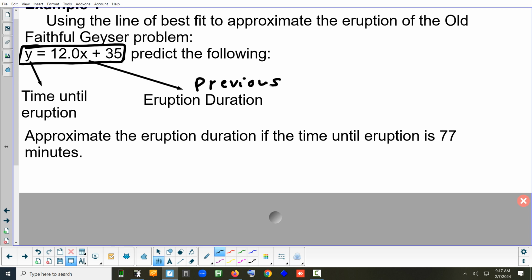Okay. So now it says approximate the eruption duration if the time is 77 minutes. So we just have to decide where the 77 is going to get plugged in. Does the 77 get plugged in for Y, or does it get plugged in for X? 77 is the time until the eruption.